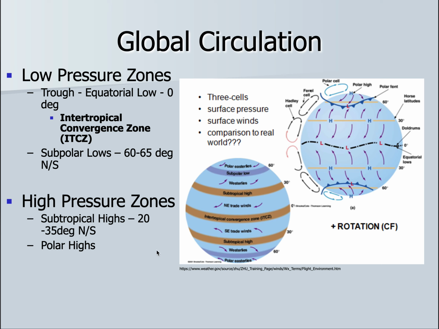Our high pressure zones are at 30 degrees latitude, and if the sun is going to push northward in the northern hemisphere in March, April, May, June, then it's going to bump up against the high, and it's going to cause the high to move. Not as much as the low moves, but it's going to force the high to move a little bit.